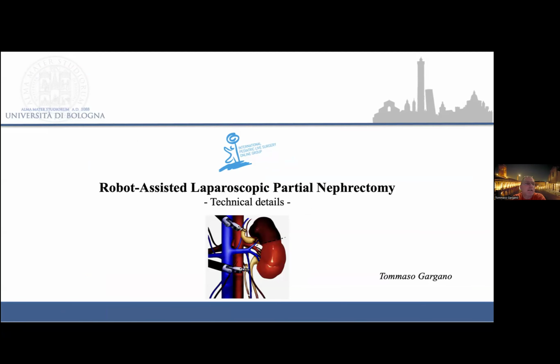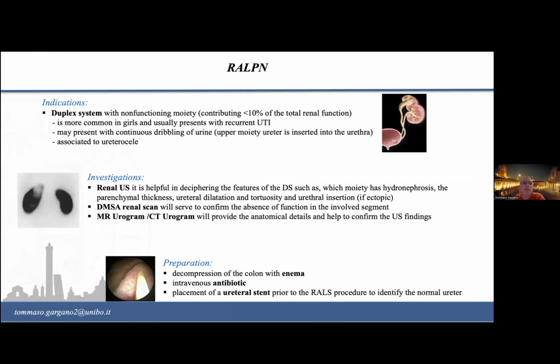I'm going to report the technical aspects and the surgical technical details regarding robot-assisted laparoscopic partial nephrectomy, in particular in duplex systems. The main indication in children for robotic-assisted laparoscopic partial nephrectomy is a duplex system with a non-functioning moiety.